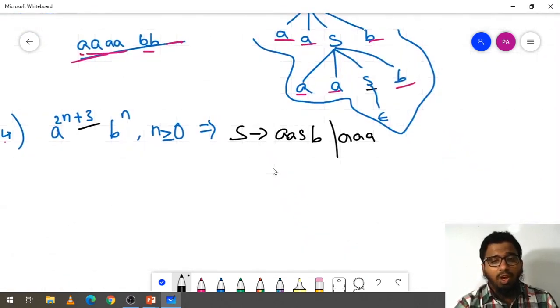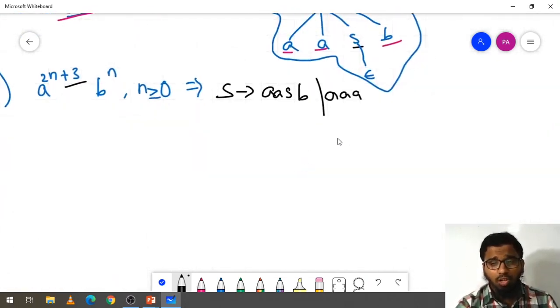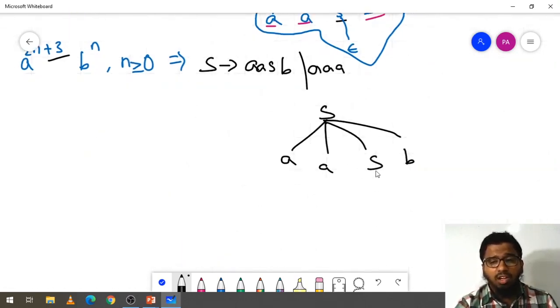Again for this we need to draw the tree. S is divided into 4: A, A, S, B. And this S you can divide into 3; I have taken this one, then I can take this also, A.